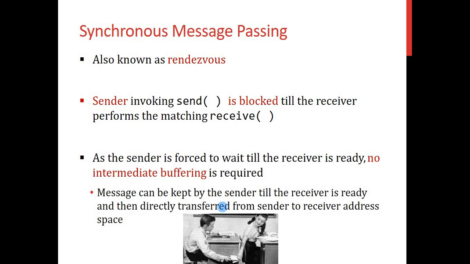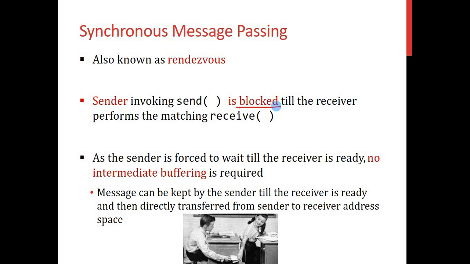In synchronous message passing, the sender can also be blocked. After I send, I can be blocked until the receiver performs a matching receive. This is one way of preventing any buffer overflow, because after the sender sends, it cannot carry on and keep sending data unless somebody is actually reading the data.